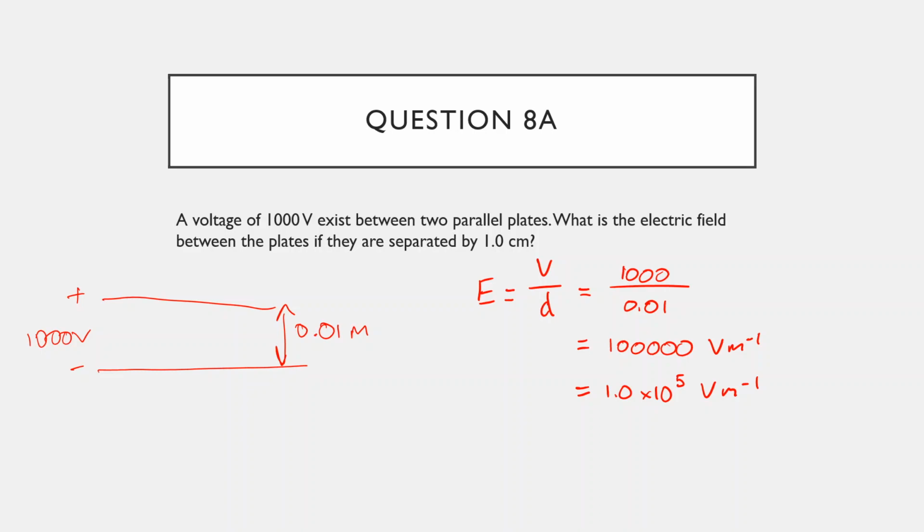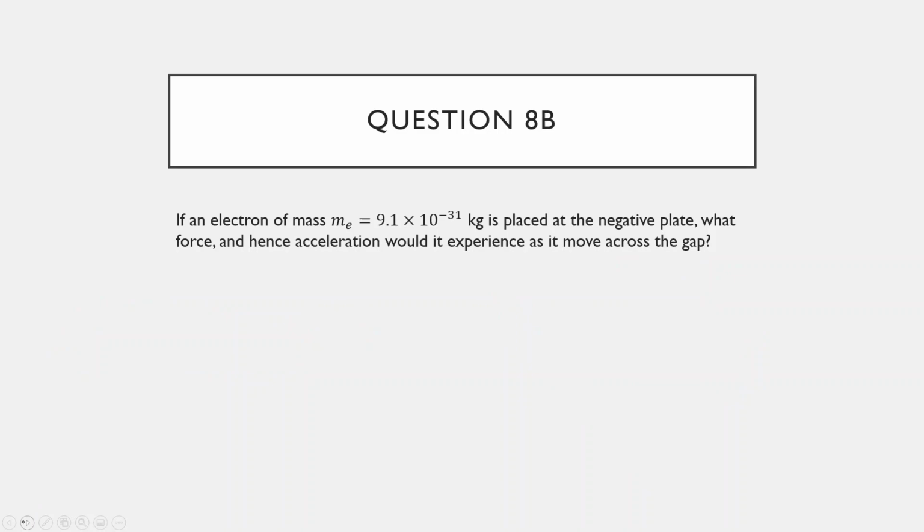All right, so this is 8a. We're going to do multiple parts to this question. All right, so 8b, if an electron of mass 9.1 times 10 to the negative 31 kilograms is placed at the negative plate, what force, and hence acceleration, would it experience as it moves across the gap? Okay, so here's our plates.